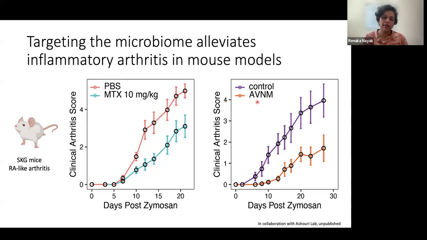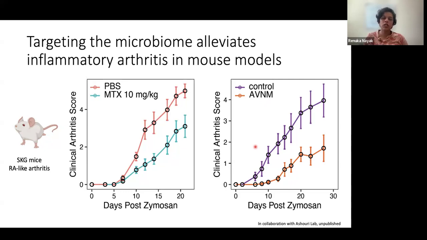This is ampicillin, vancomycin, neomycin, and metronidazole. When we put these antibiotics in the drinking water, there's an alleviation of arthritis in the mice. This was supportive, that we could target the microbiome to alleviate arthritis in this mouse model.